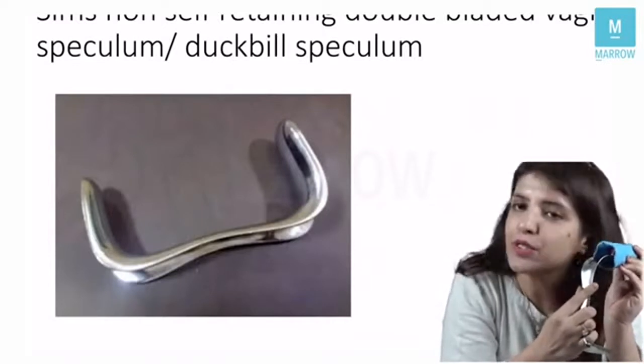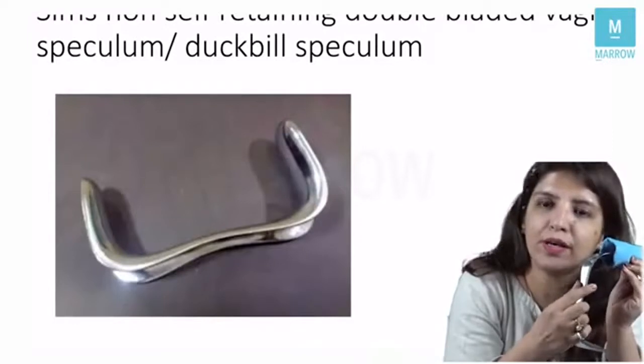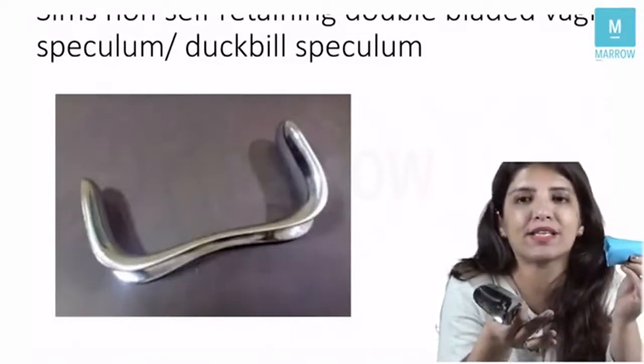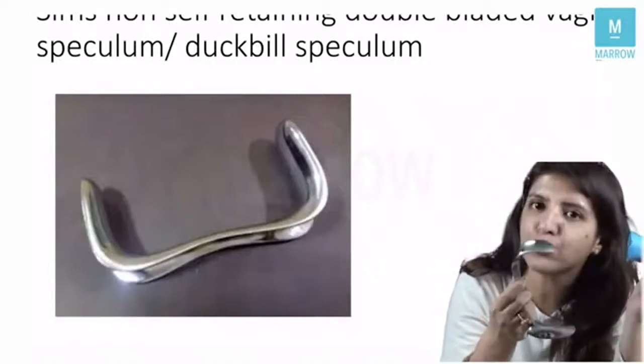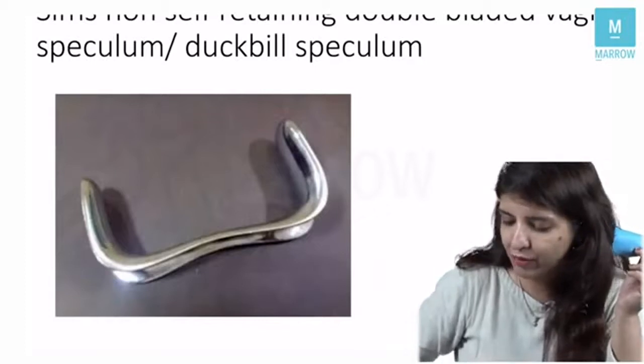So where is this SIMS speculum used? It is used whenever you have to examine the cervix. For any reason, if you have to examine the cervix, you will have to retract the posterior vaginal wall, and you are going to use this SIMS speculum there.